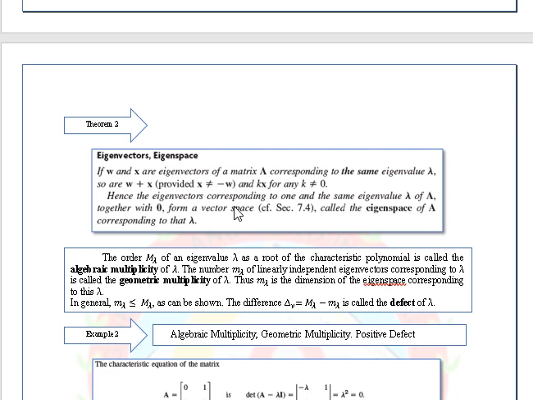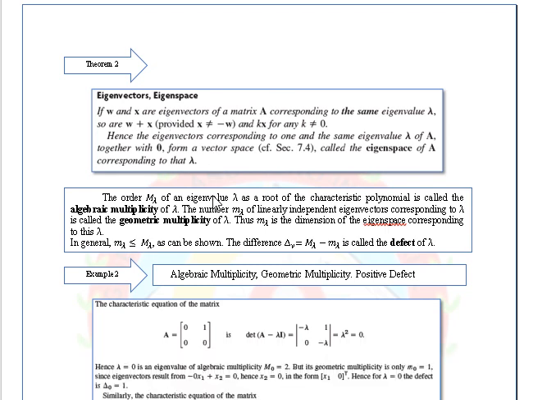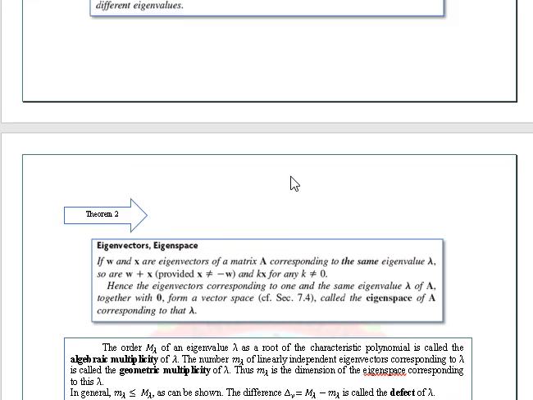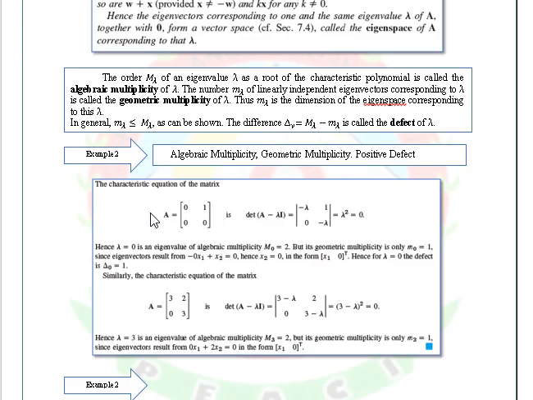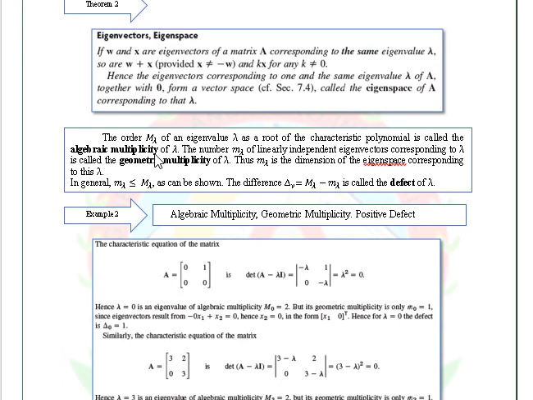Hence the eigenvectors corresponding to one and the same eigenvalue lambda of A, together with 0, form a vector space, called the eigenspace of A corresponding to that lambda. You really have to consider the space of the eigenvectors before you perform any manipulation on that equation.